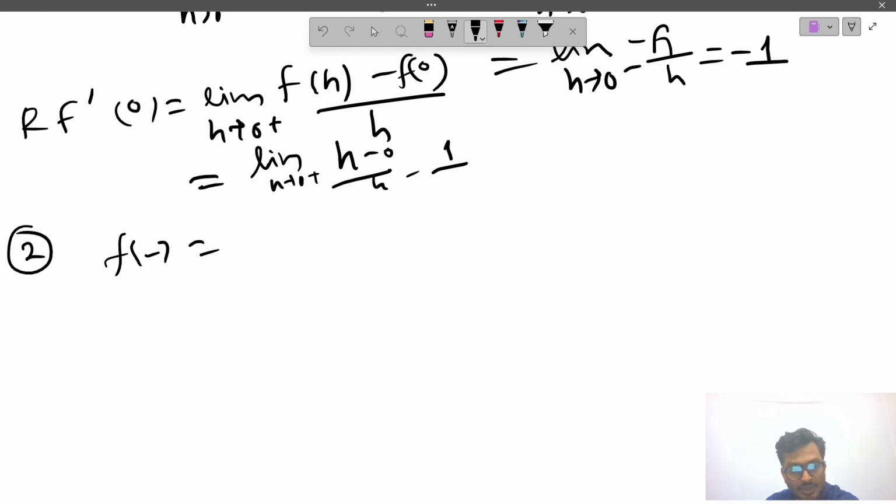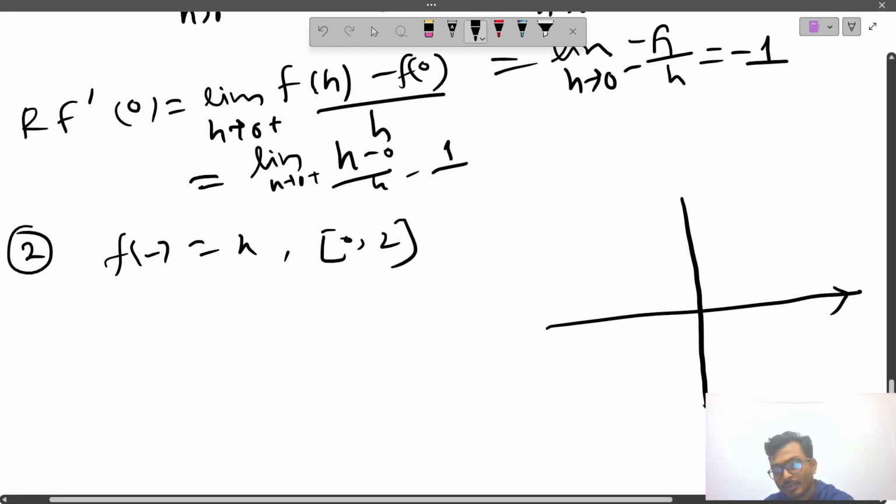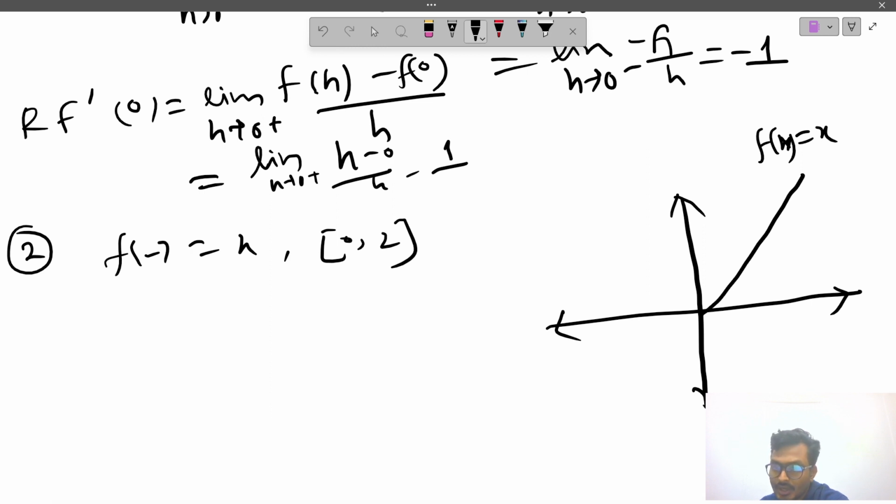Suppose f(x) equals x on the interval 0 to 2. Let us draw this function also. This is our function y equals x, that is f(x) equals x, and this is 2. Here we can see that x is a polynomial function, so it is continuous. First condition satisfied.